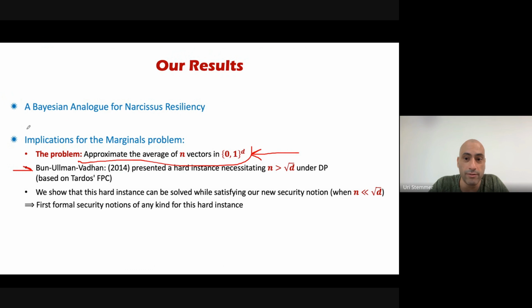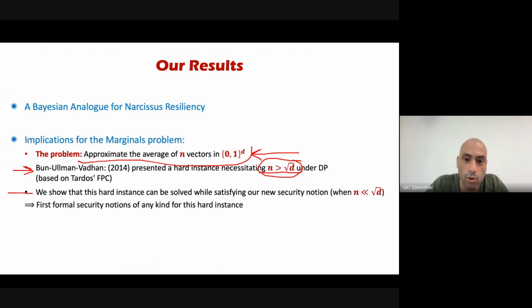What Ban, Ullman, and Vadhan showed is that this problem is unsolvable with differential privacy unless n is at least root d. And specifically, they presented a hard instance for this problem that forces every differentially private algorithm to fail, again, unless n is at least root d.